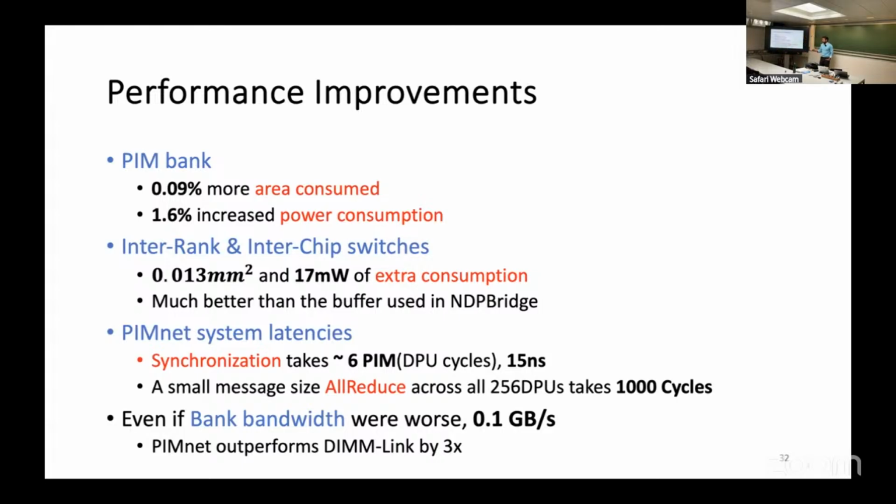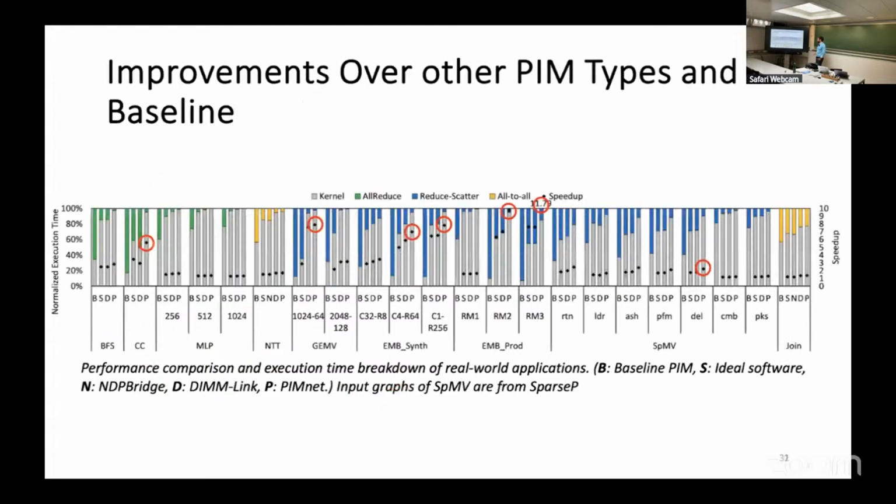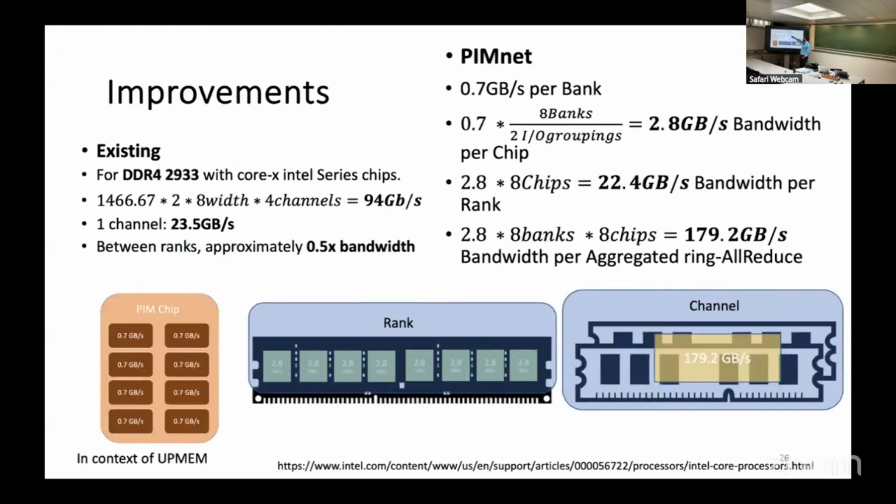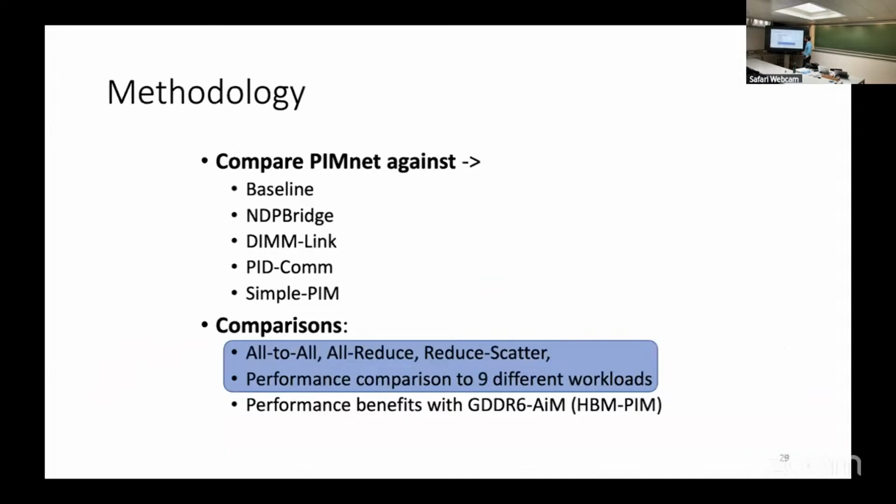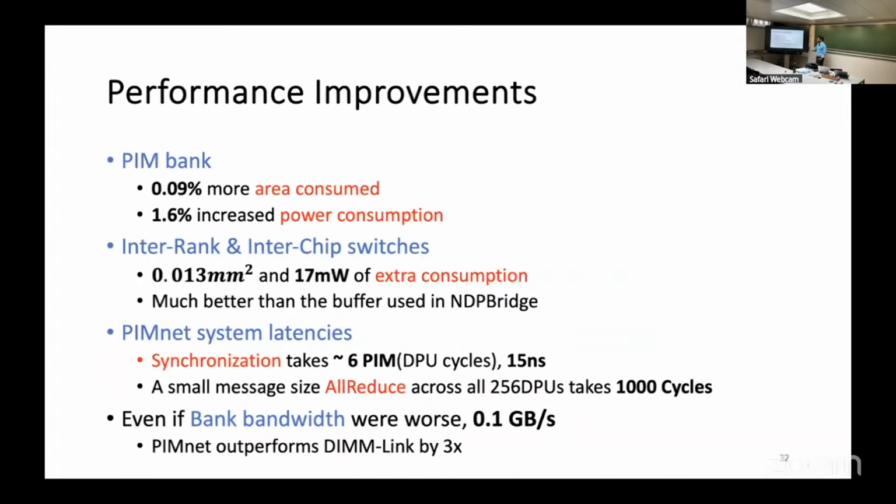And even if the bank bandwidths were to be much worse, so this point here, if this were to be 0.1 instead of the 0.7, PIMnet would still outperform DIMLink by 3 times.